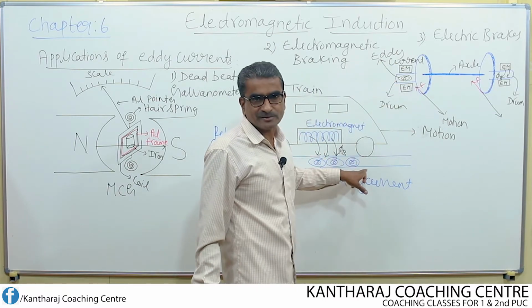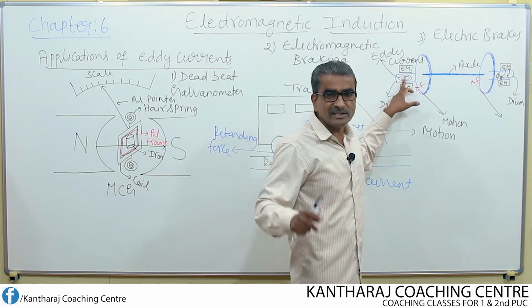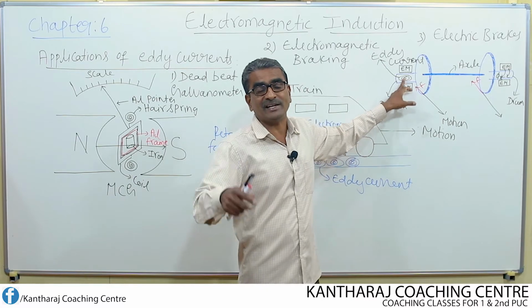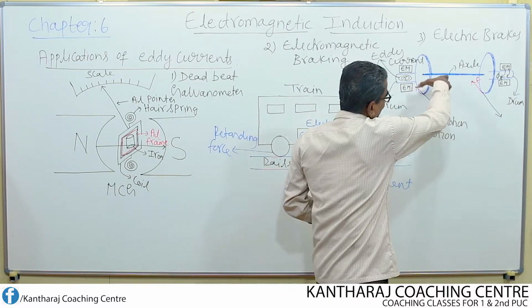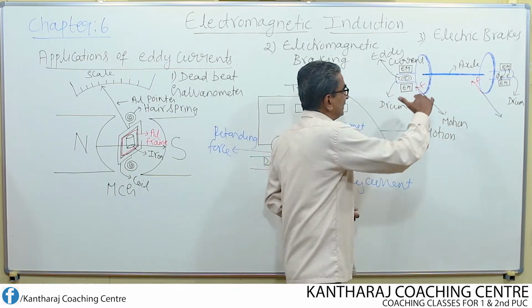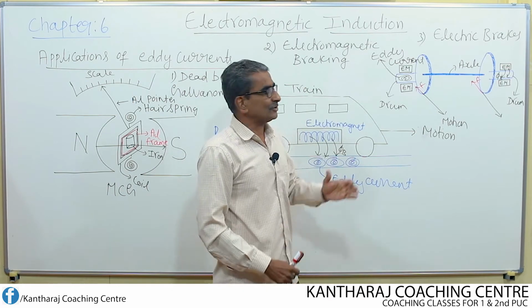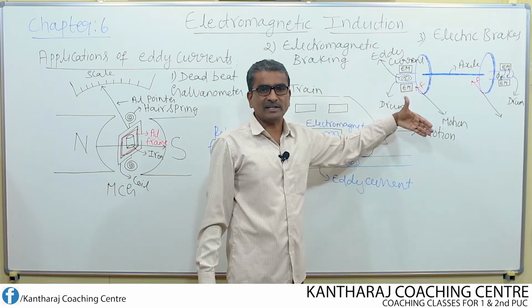The direction of eddy current in both cases is to oppose the motion of the train according to Lenz's law. So if the train is moving in the forward direction, the opposing force or retarding force or braking force acts in the opposite direction. Due to this, the train slows down and it can be stopped at any instant.